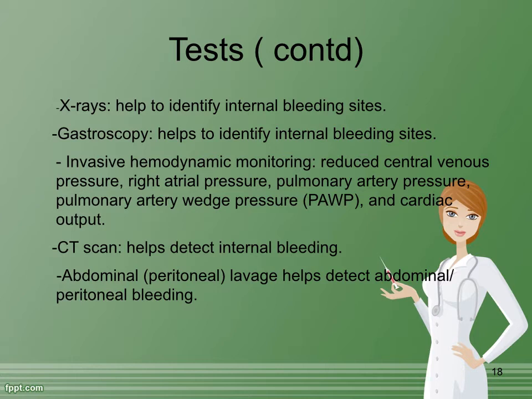CT scan will help detect any internal bleeding, and abdominal lavage will help detect abdominal or peritoneal bleeding. So these are some of the tests which we can do for hypovolemic shock.